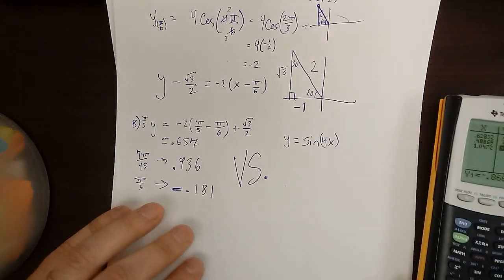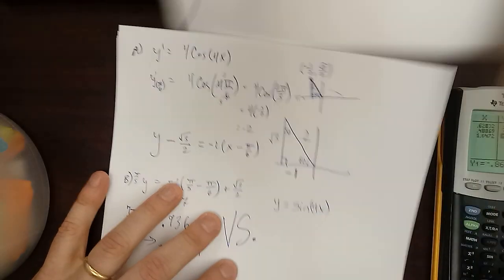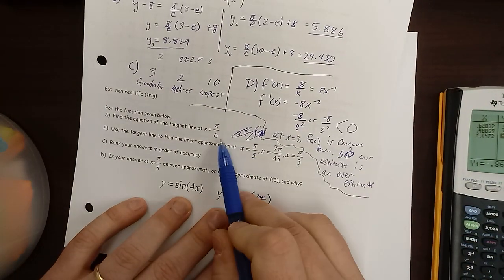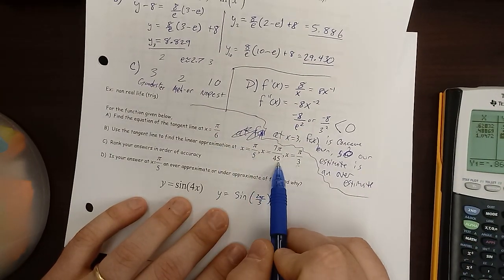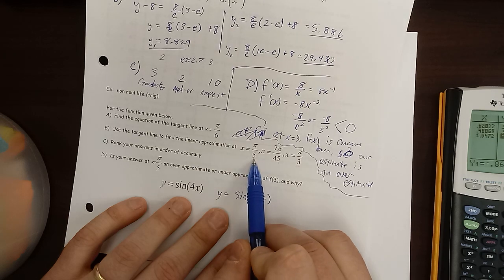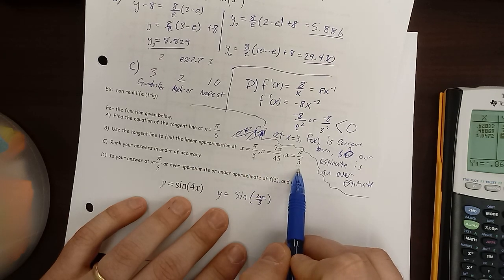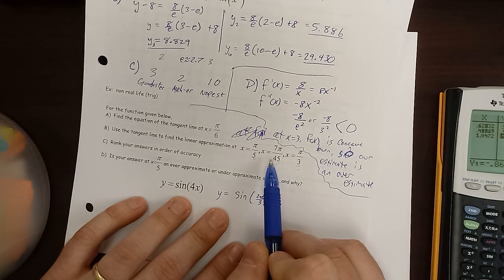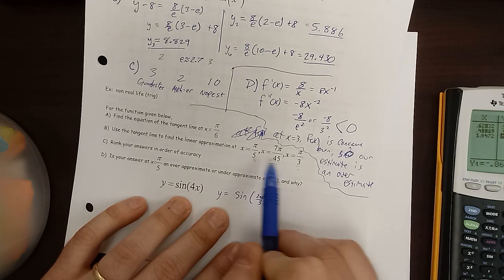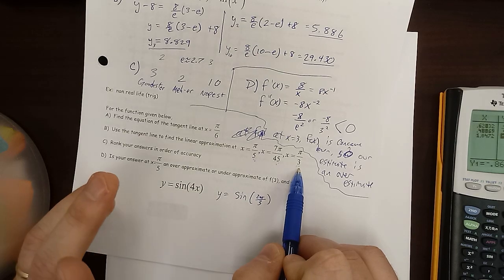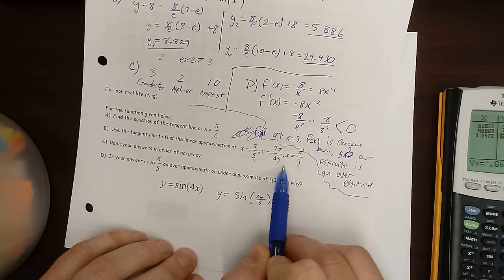That makes sense if we think about how far these are from pi over 6. This is the closest, a little bit farther away, a little bit farther away, and the farther away we get, the worse the approximation is. So really good approximation, pretty good approximation. Honestly, it's still fine, but nowhere near as good as our first one.